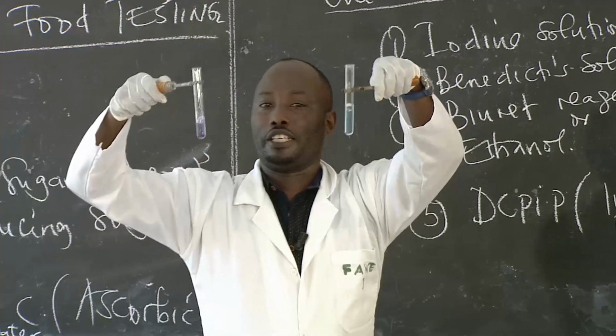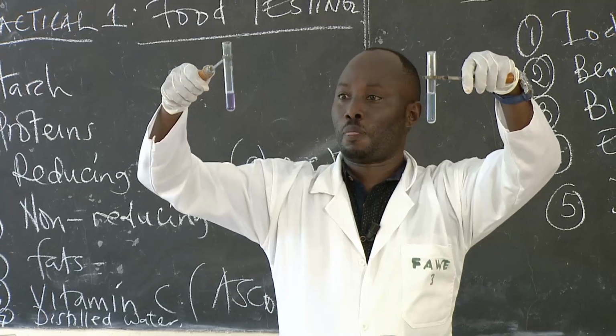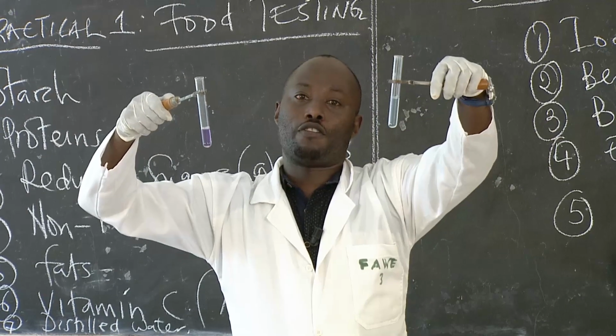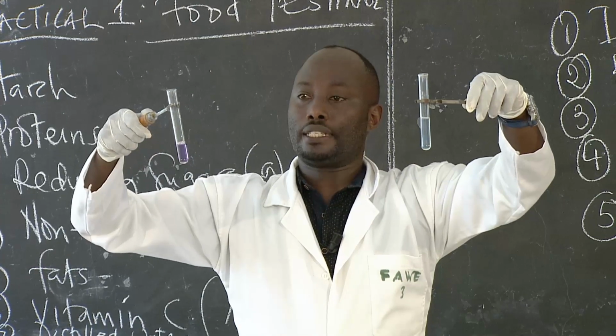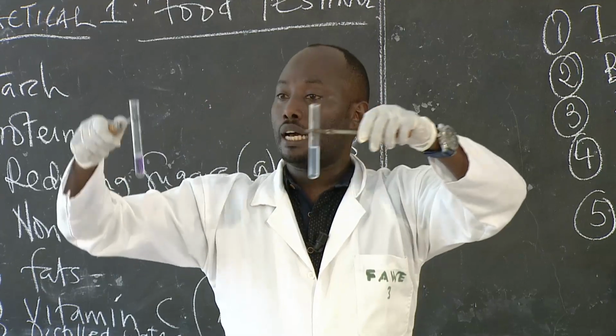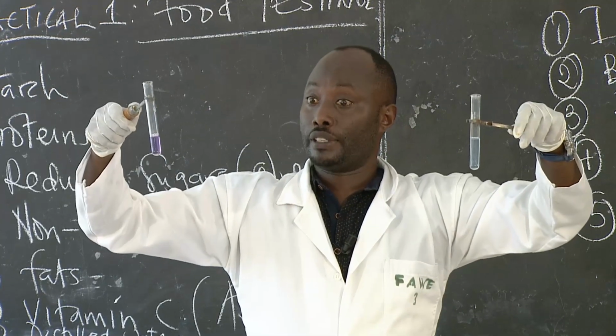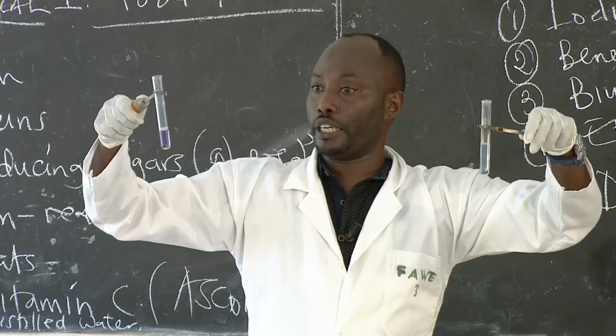You see the difference now? Here, the color of Biuret persists, it does not change. But here, the color changes from a blue color to a purple color. If it changes to a purple color, that indicates there is presence of proteins.